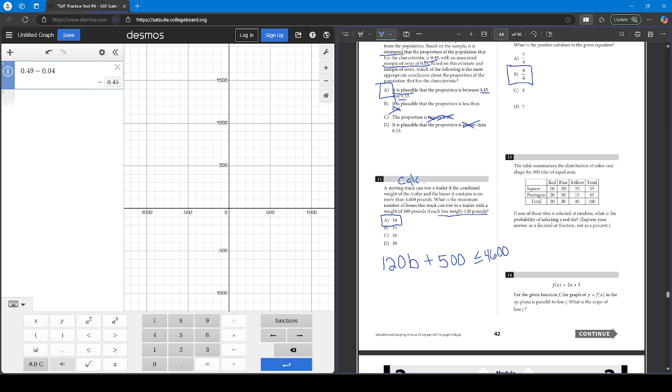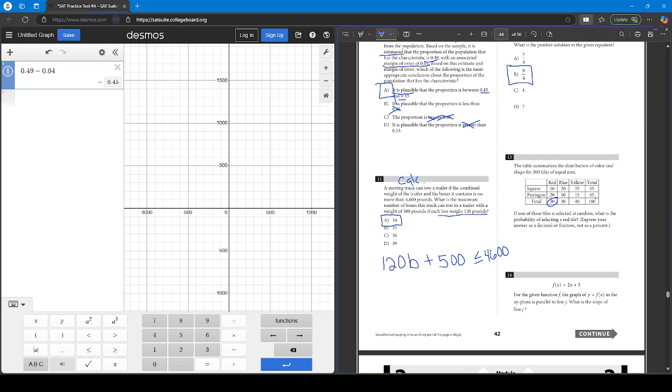The table summarizes the distribution of color and shape for 100 tiles of equal area. If one of these tiles is selected at random, what is the probability of selecting a red tile? So when we look at the data, we've got how many red tiles? 30.